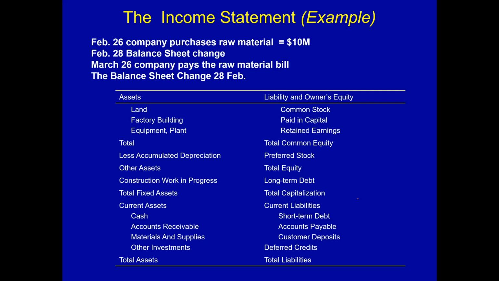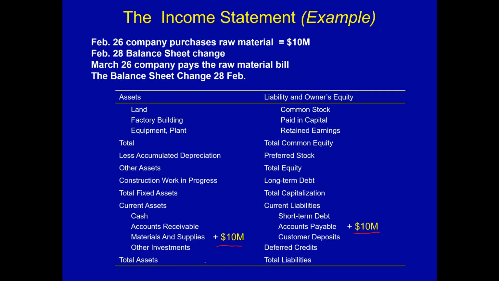So the first thing is the company's material and supplies have increased by $10 million, and the accounts payable is also increased by $10 million. The company has bought something on credit, so accounts payable has increased by $10 million, and of course they have got the materials and supplies for $10 million.